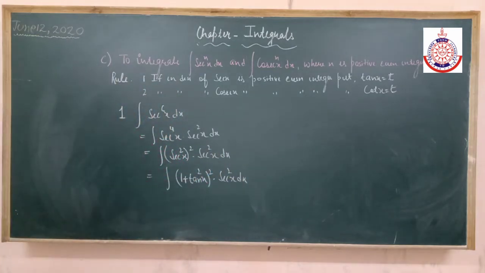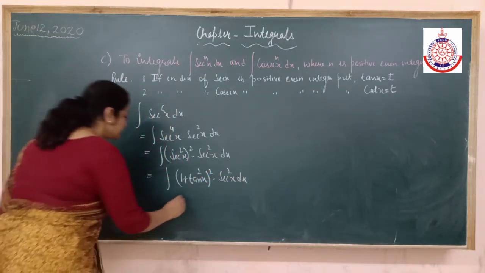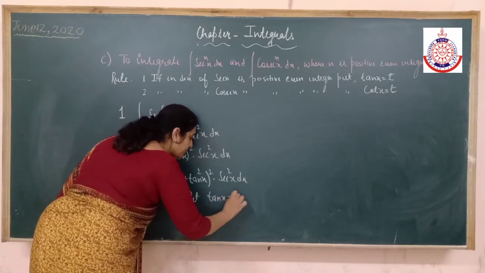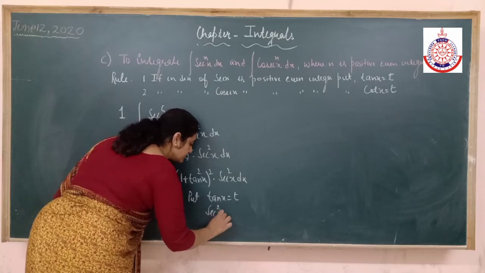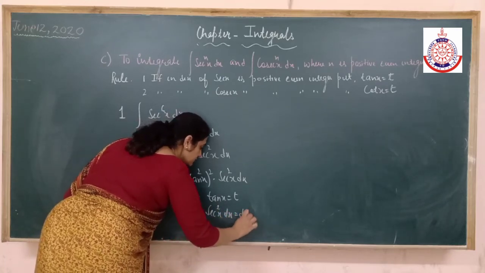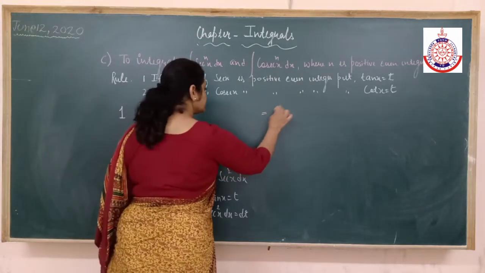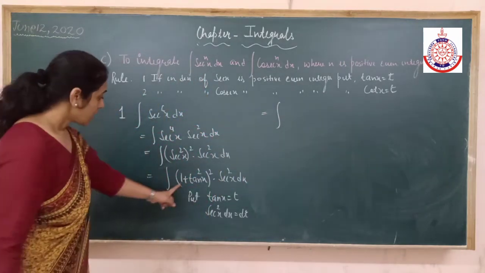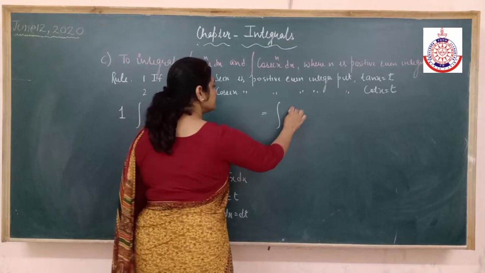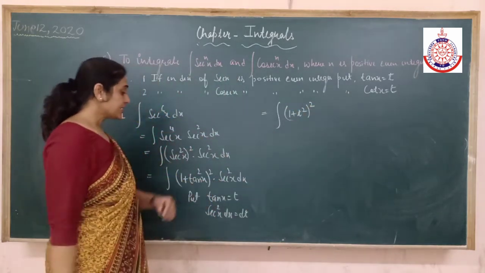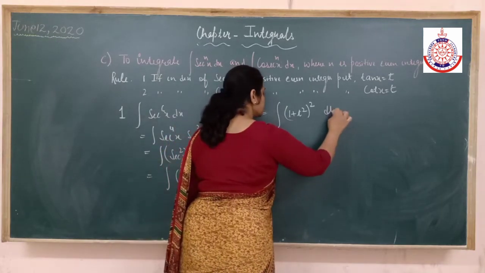Alright, now let's put tan x equals t, differentiate. Now 1 plus tan square, secant square dx would be dt.